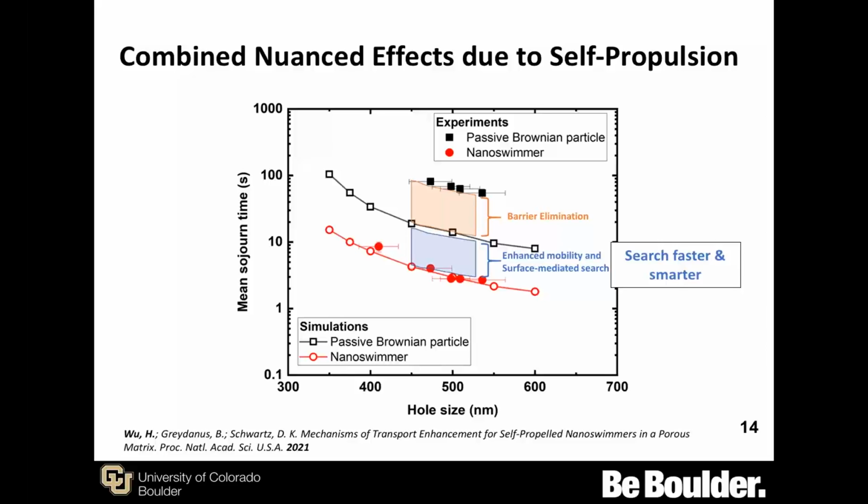While for searching smarter, because the nanoswimmers are able to search around the boundaries, they have a much more advanced search algorithm, so they are able to find the exit much faster.